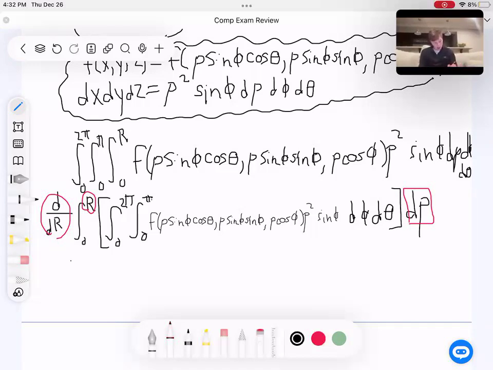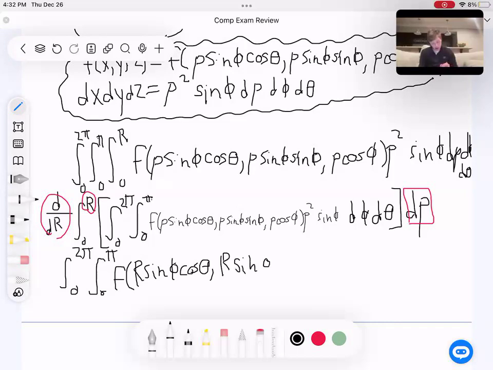So what this is going to become is the integral from 0 to 2 pi, 0 to pi, f of capital R now. So I can't just copy and paste the cosine theta, capital R sine phi sine theta. And that's a theta, not a phi. Maybe I should have been more clear.